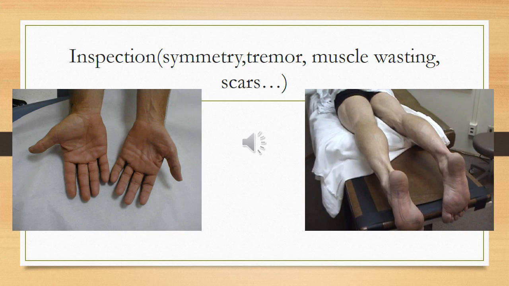Also don't ever forget to examine the posterior aspect of both legs. As you can see in the right hand side picture, there is atrophy of the right lower limb muscles.